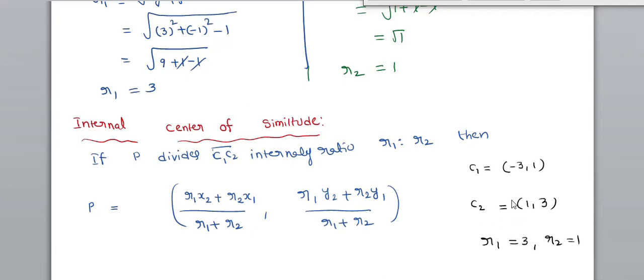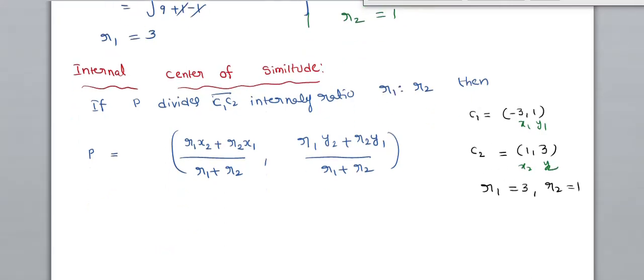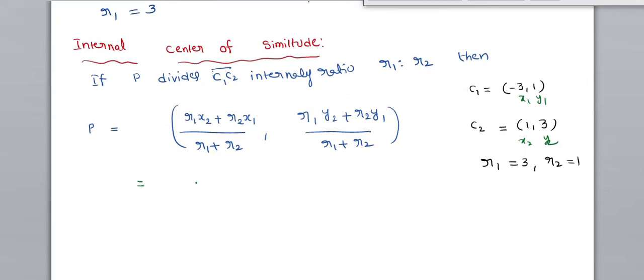So substitute, these are x1 y1 x2 y2. R1 value 3, x2 value 1, plus R2 value 1, x1 value minus 3, by R1 plus R2, 3 plus 1. R1 value 3, y2 value 3, R2 value 1, y1 value 1, by 3 plus 1.